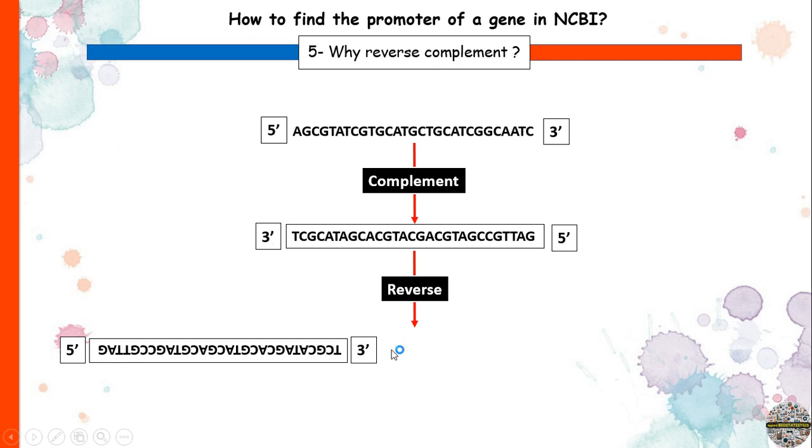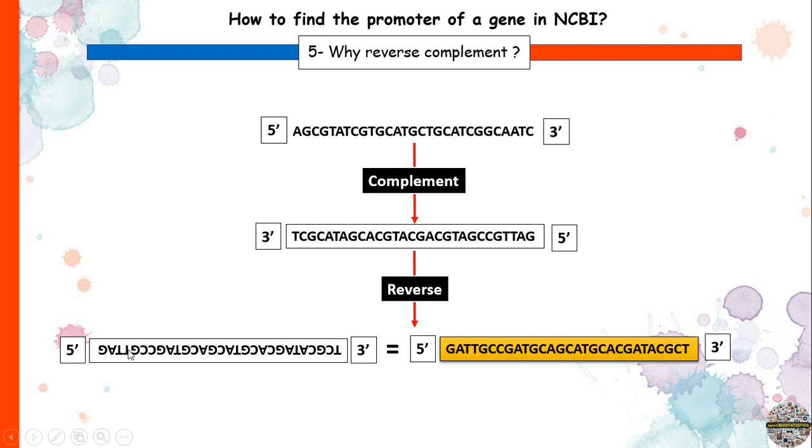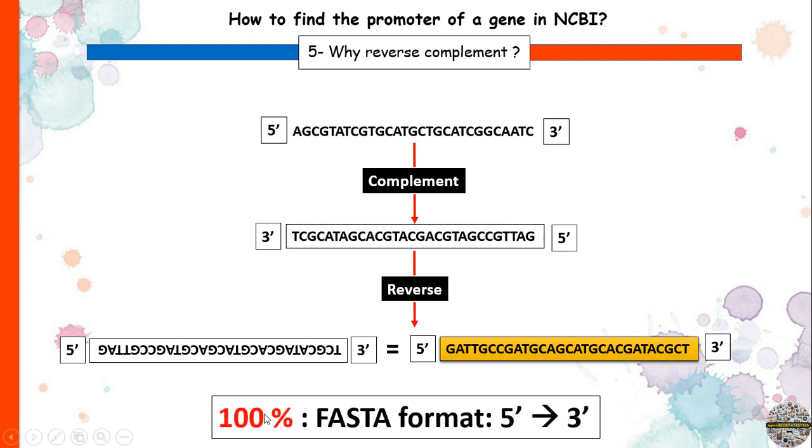So this is our promoter sequence, because as I told you, we always see FASTA formats in 5' to 3'. There is no FASTA format from 3' to 5'. So when our gene is on the reverse strand, we need to get the reverse complement strand to get our promoter sequence.